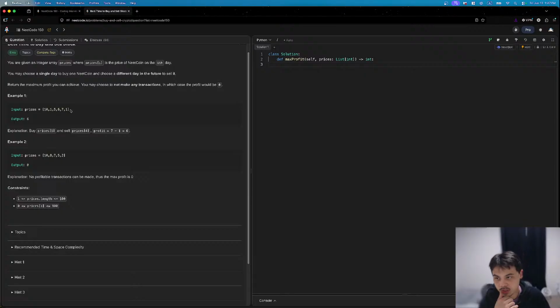Or I guess you could reset, right? So you can reset the left edge of the window to index 1 when the left edge is greater than the right edge.